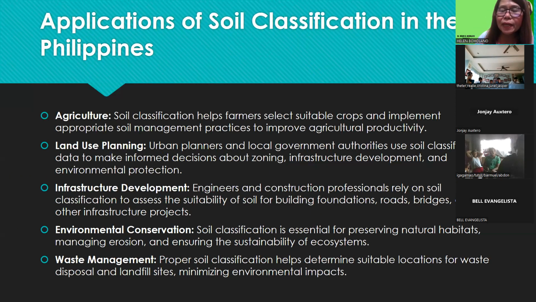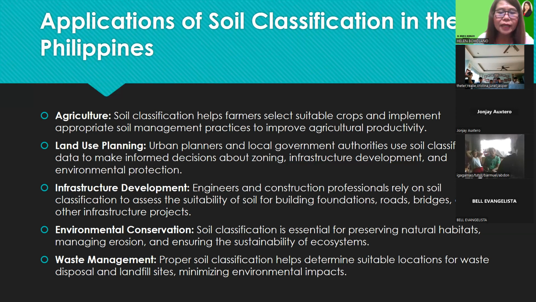So there are also applications of soil classifications in the Philippines. In agriculture, soil classification helps farmers select suitable crops and implement appropriate soil management practices to improve agricultural productivity.